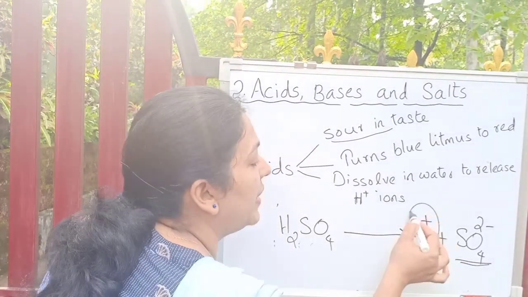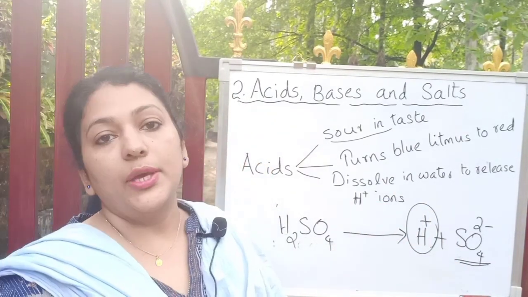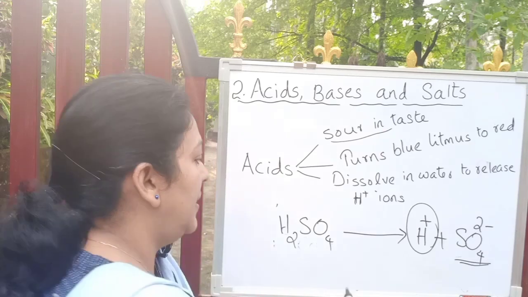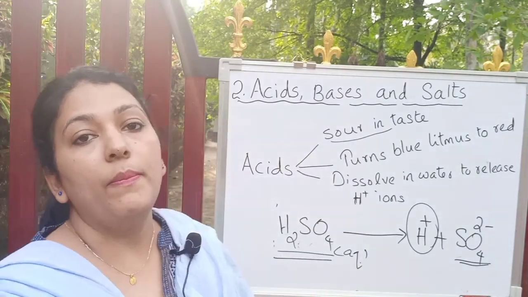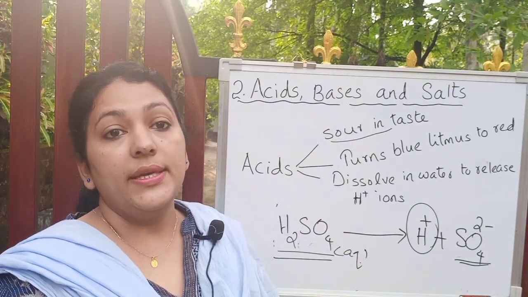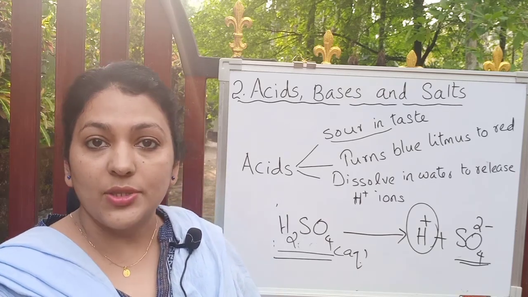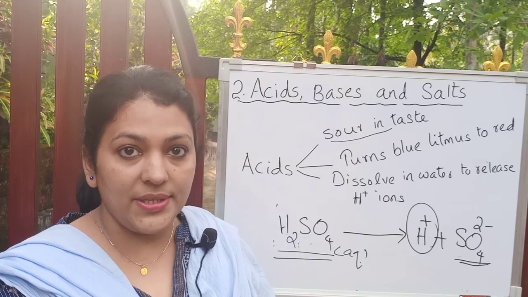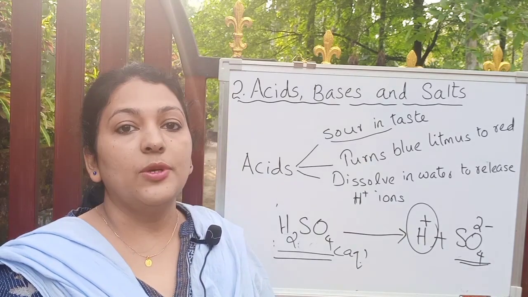You can see in every case what is common: H plus ions are released, isn't it? H2SO4 should be aqueous, when dissolved in water or mixed with water. So in all cases acids release H plus ions in the presence of water. Did you understand?